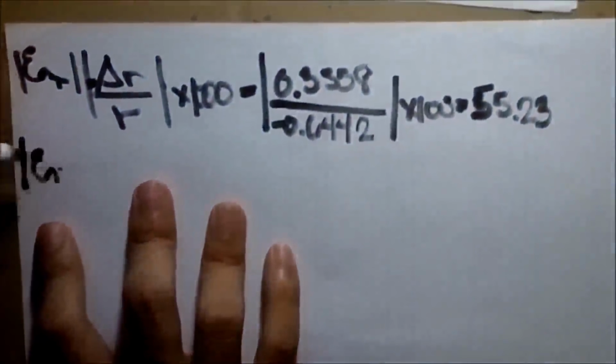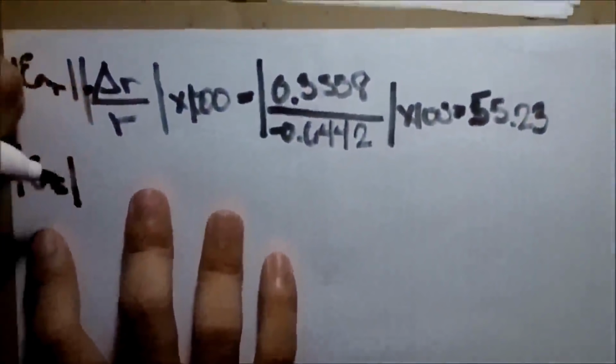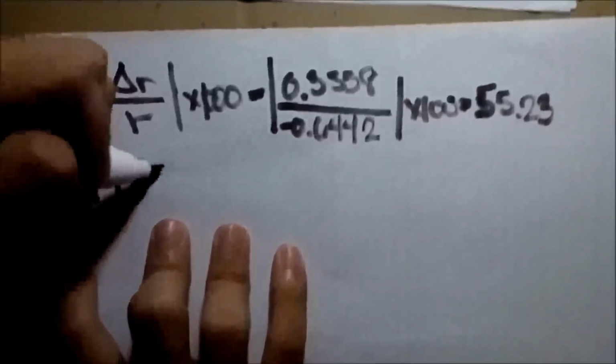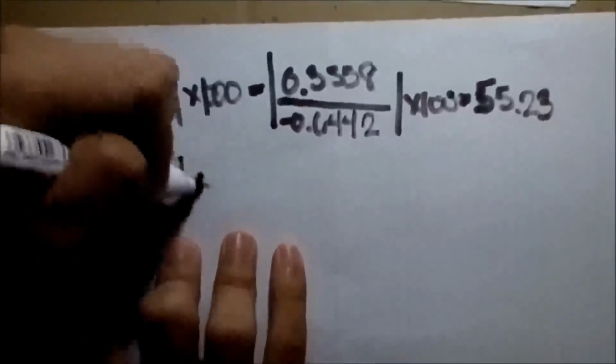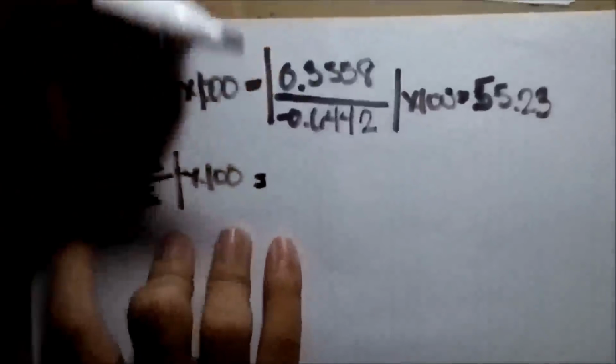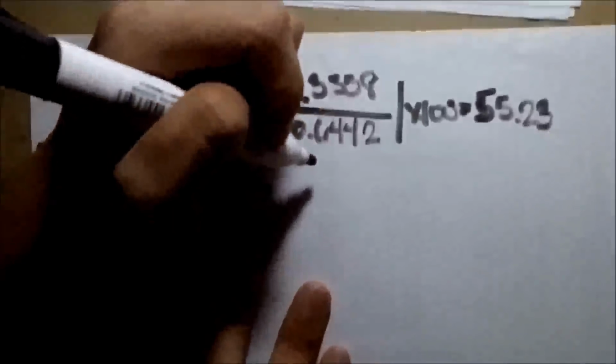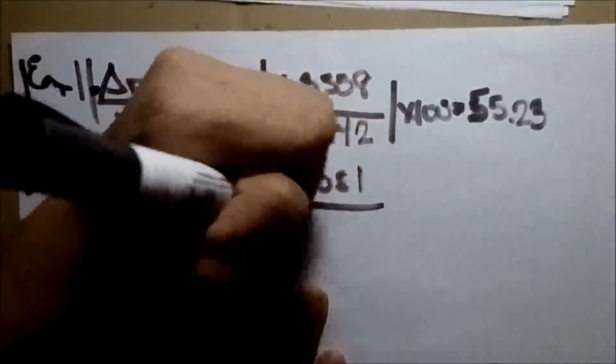Next, the absolute relative error for the s will be delta s over s times 100, which equals 1.1381 over 0.1381 times 100.